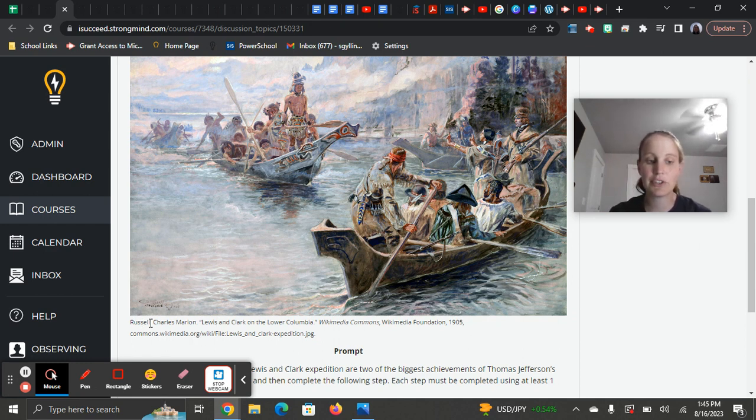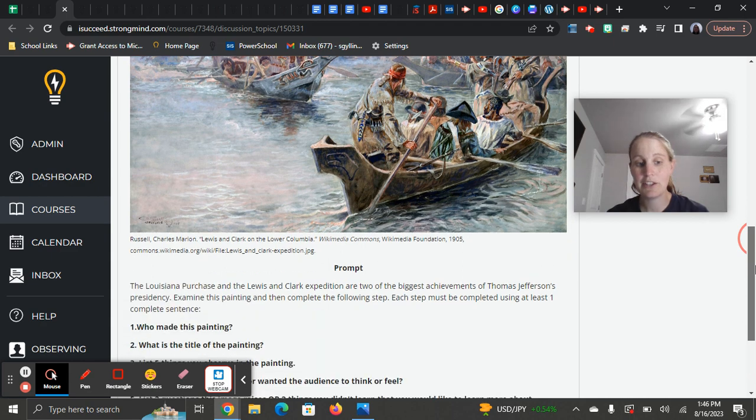If you look right here underneath the picture, and this is a spoiler alert, this is something that's going to come up in the prompt, it gives you the person who created this painting. It gives you the title of the painting and then the citation of where it came from. So you're going to look at this image, this painting called Lewis and Clark on the Lower Columbia, made by Charles Marion Russell. And here's your prompt.